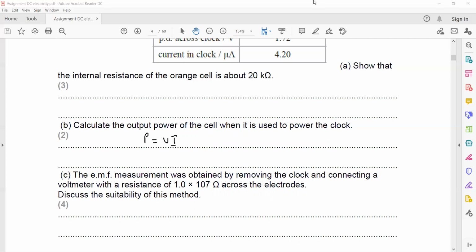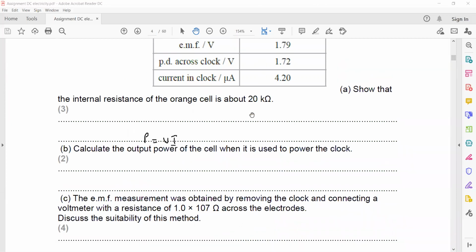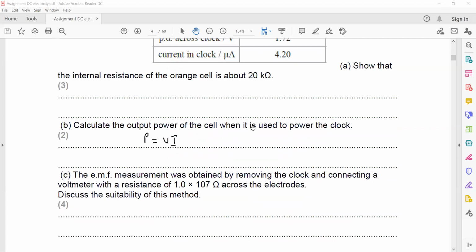As you can see in the table, the external voltage is 1.72 and the current is 4.2. So we'll multiply both of them to get the power output. So 1.72 multiplied by 4.2 into 10 to the power minus 6.